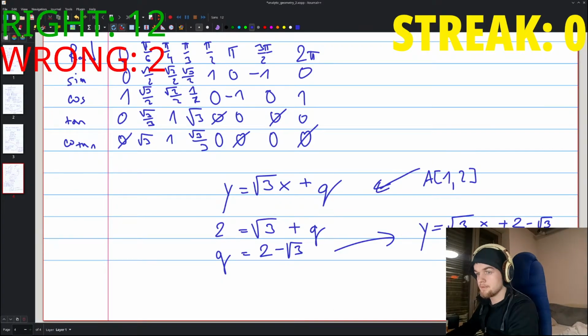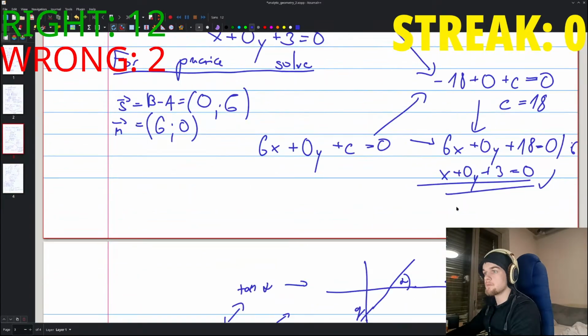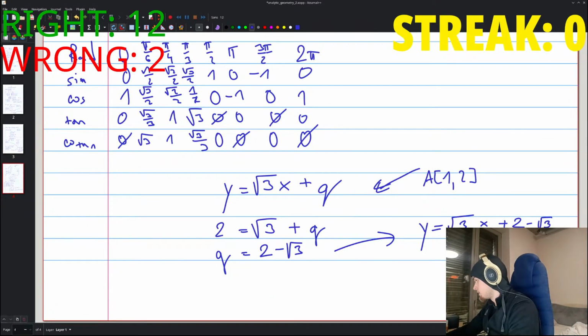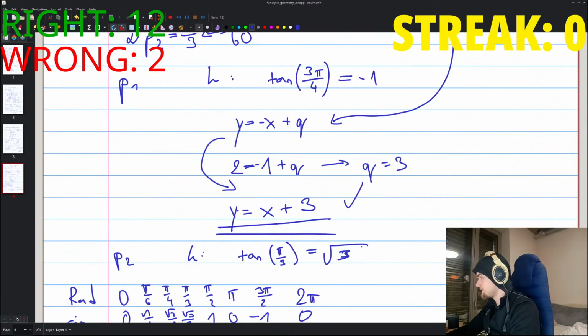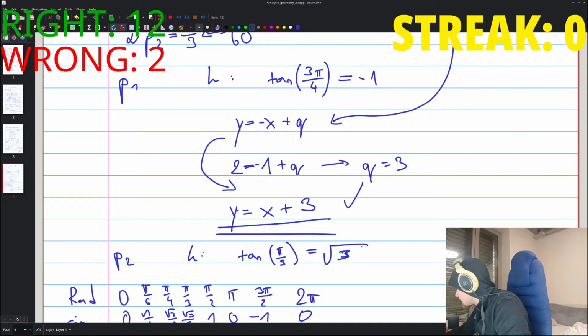Let's actually check first with the book. That's 4.7 actually. Doesn't seem to be 4.7. Yeah, okay. Yeah, that's correct.